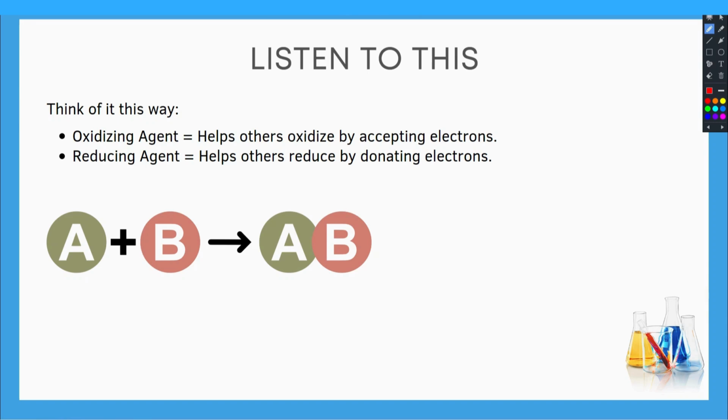A reducing agent helps others to be reduced by donating electrons. I'll take it again. An oxidizing agent helps others to become oxidized by accepting electrons, while a reducing agent helps others to be reduced by donating electrons.